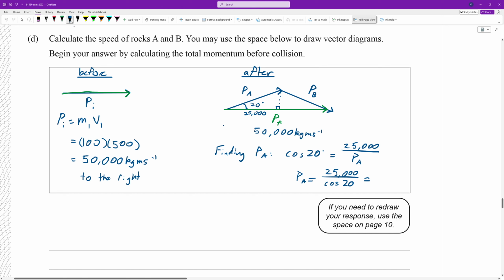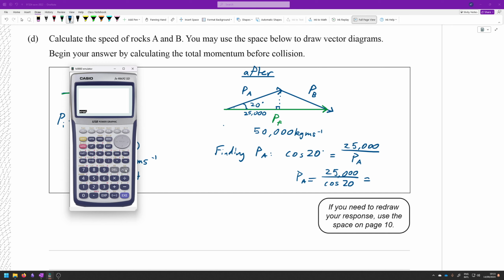and that works out to be, one moment, oh, am I in degrees or radians? I'm in radians. Top tip, always check, even between questions.